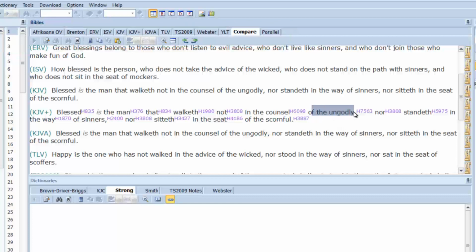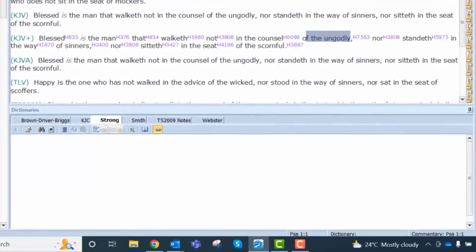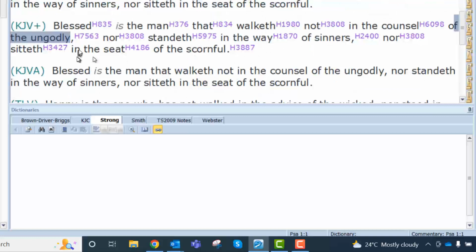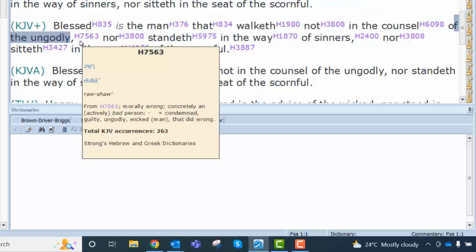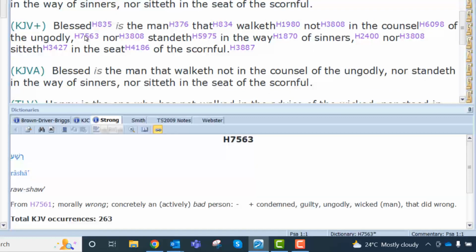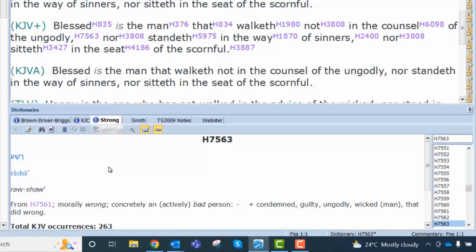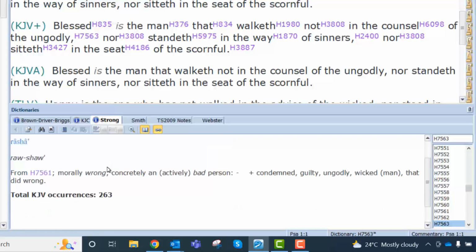So here is the word ungodly, and let's make it a little bit bigger. Ungodly is Strong's H7563. Now you can click on H7563, and in the Strong's Concordance, you can look at the original Hebrew word that ungodly was translated from, and that is Rasha.